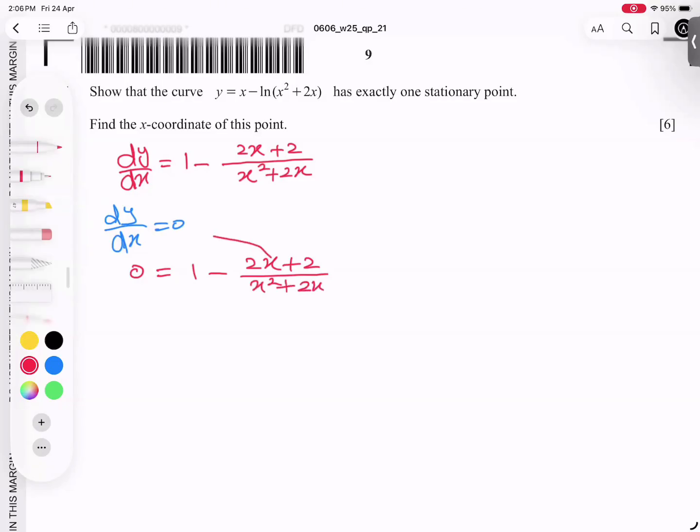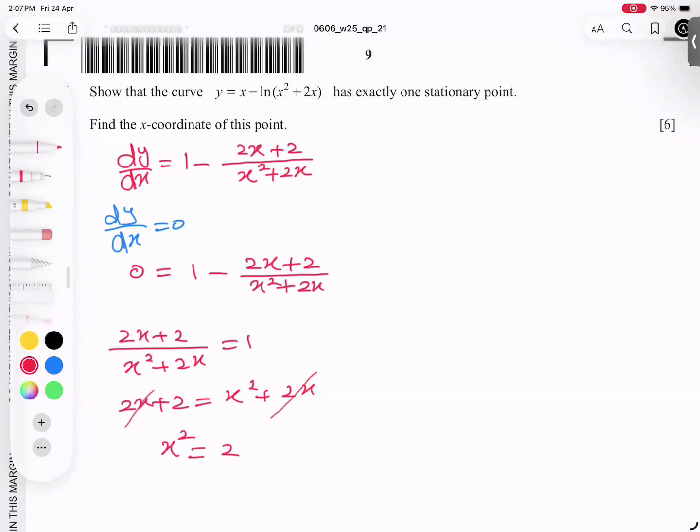Now this completely will go here. Cross multiply. 2x cancel. We got 2 and take a root of the both sides. Okay, and show that this has exactly one stationary point.